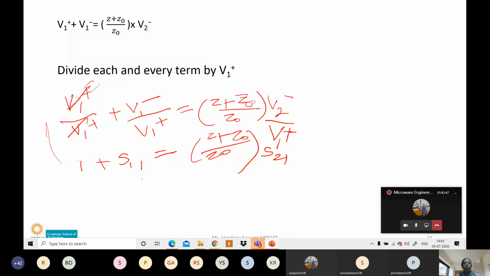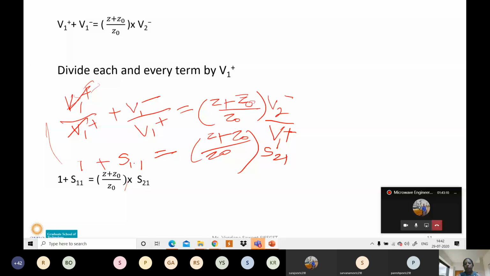Now we already know the value of S11. We have to put this value of S11. We have already calculated the value of S11. So you just put this value of S11 in this equation. What was the value of S11?